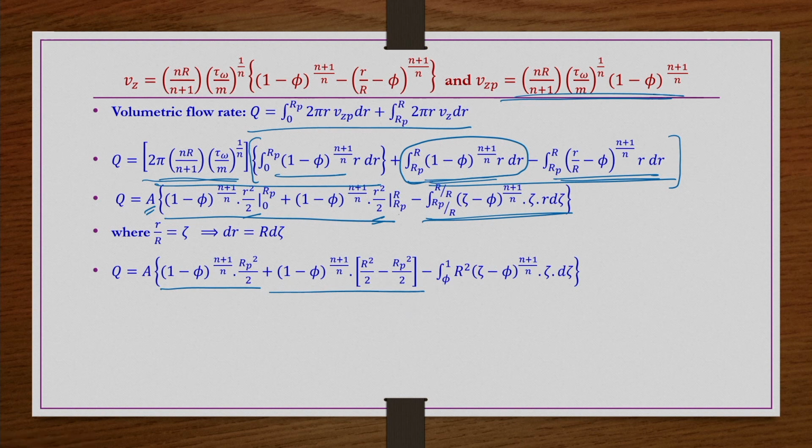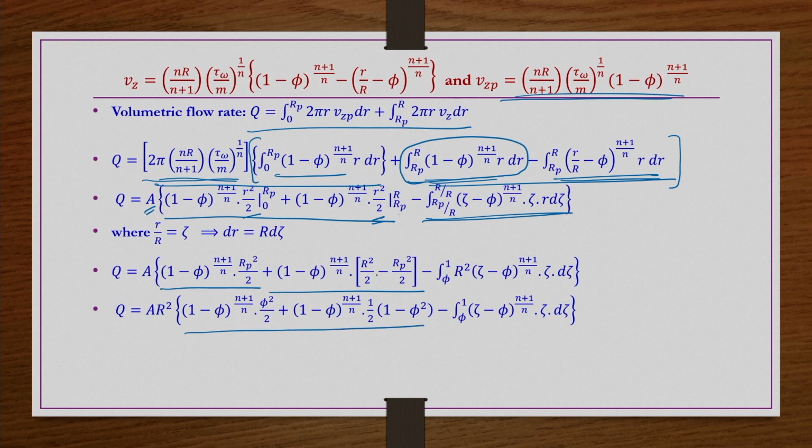When you combine these two terms, you are taking R squared common, so that wherever r_p squared is there, you get it divided by R squared. So, r_p by R we can write as phi. So, we have phi squared by 2 here. Similarly, here 1 minus r_p squared by R squared, that is 1 minus phi squared, we are getting, remaining everything the same without any further simplification.